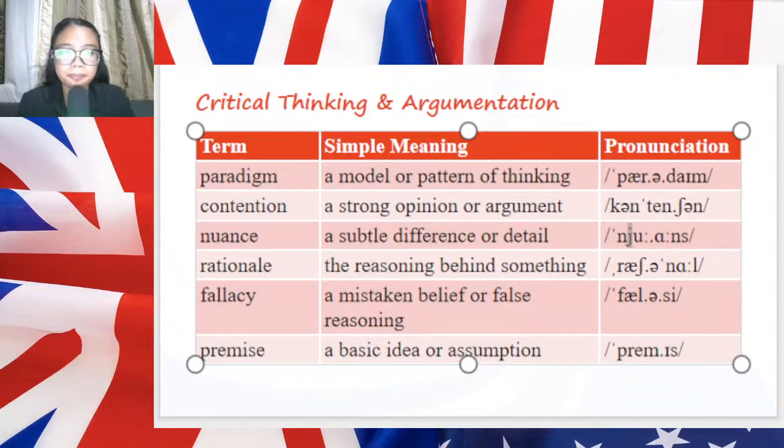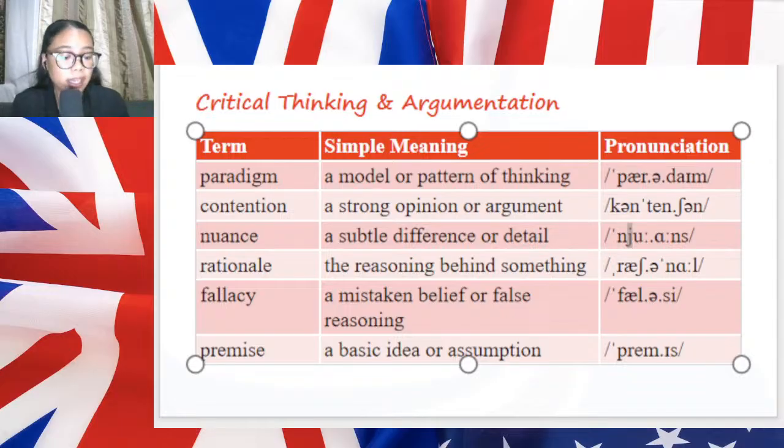Moving on to the next term under critical thinking and argumentation, which is rationale. This is the reasoning behind something. It explains why something is done or believed. So it's not just an opinion, it's the logic, the reasons that support a decision or argument.